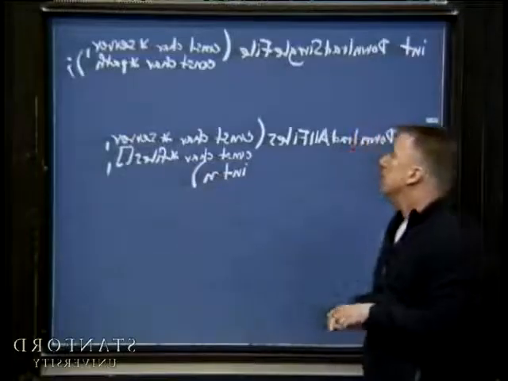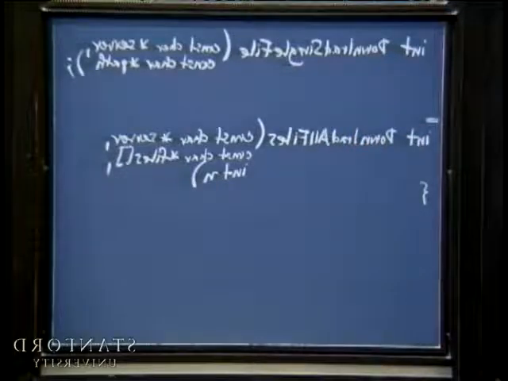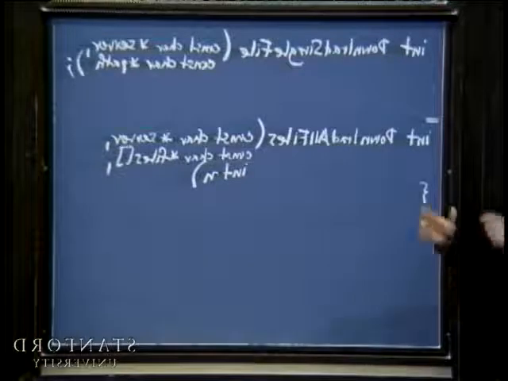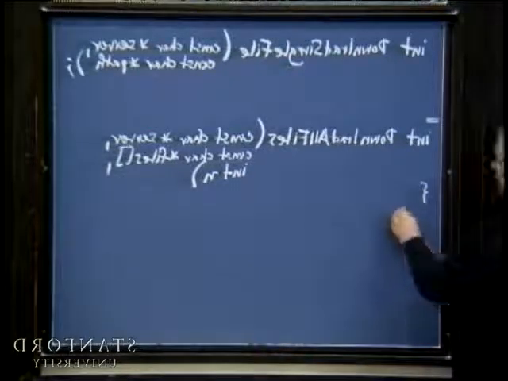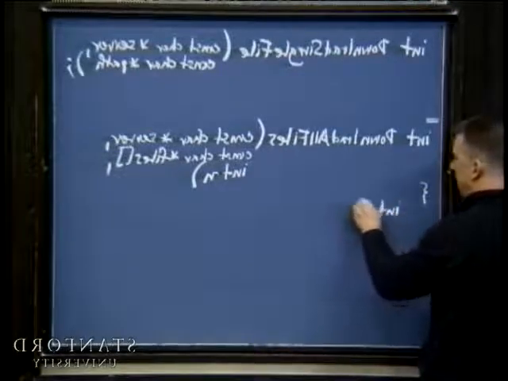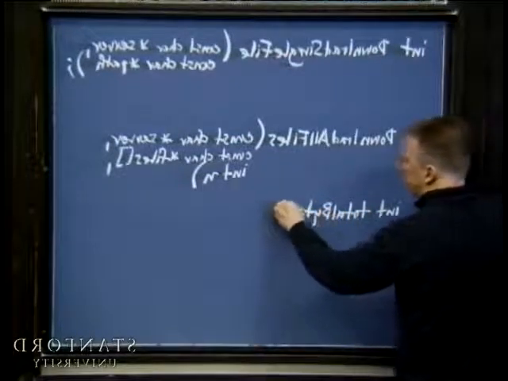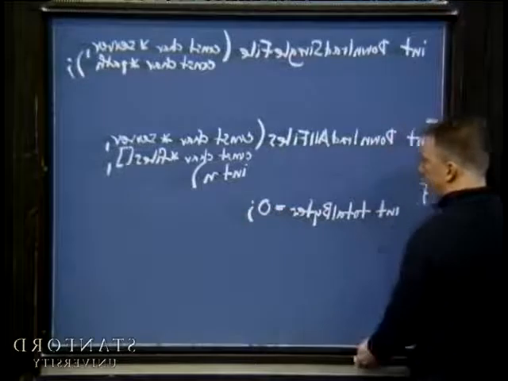Okay. So I'm going to assume that run all threads has already been called, and this is running as part of some thread that was spawned in the main function. Okay? So I'm already dealing with a multi-threaded environment. What I could do is declare something called total bytes and set it equal to 0.